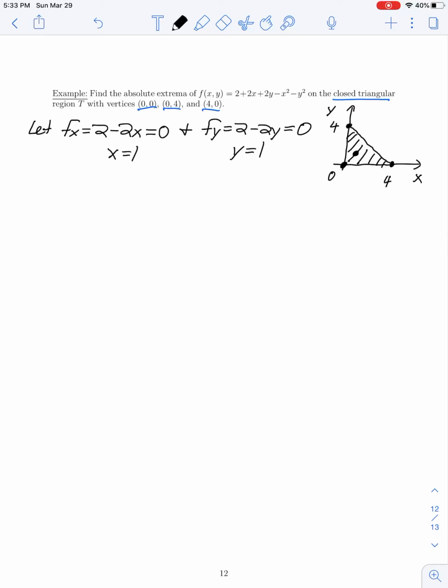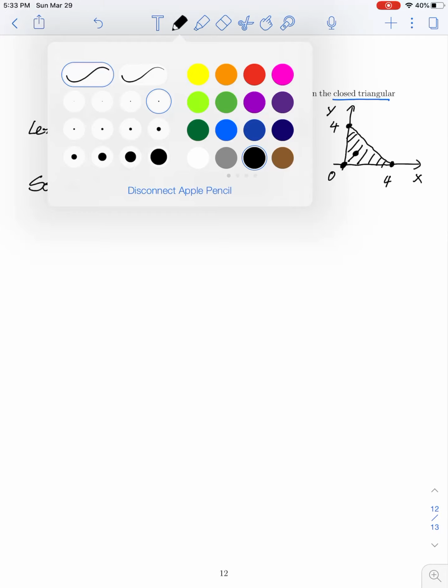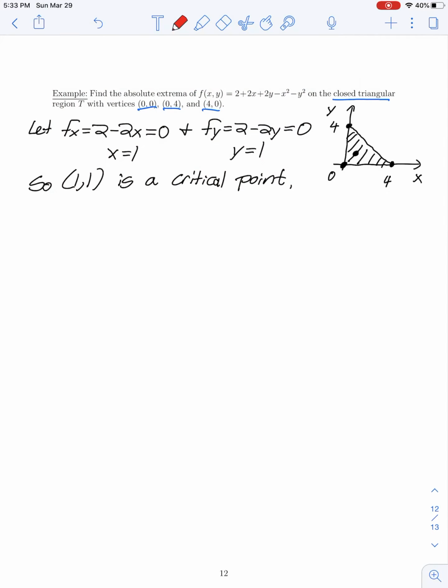So it follows that x has to be 1 and y has to be 1. And the point (1, 1) is indeed within our triangular region T. So we find the point (1, 1) is a critical point, which lies within the interior of our region T.